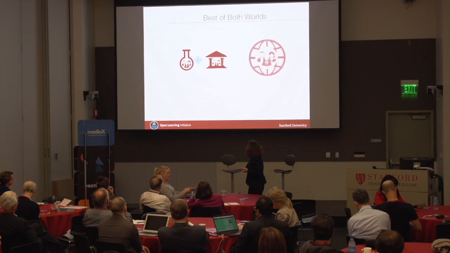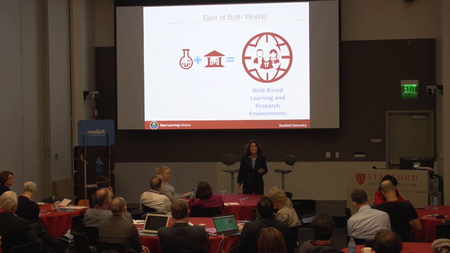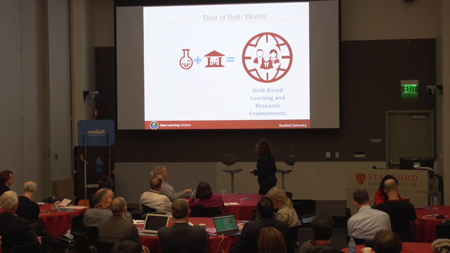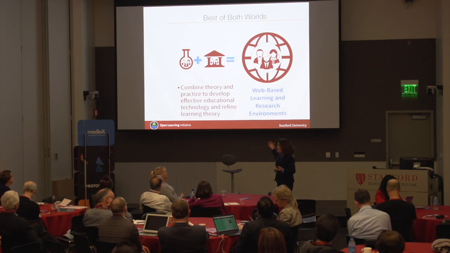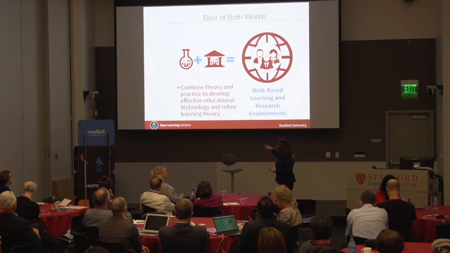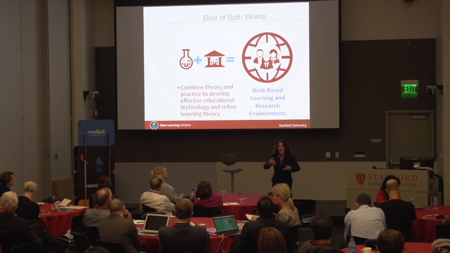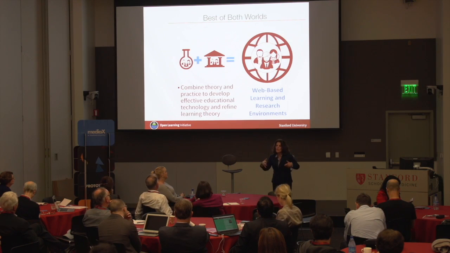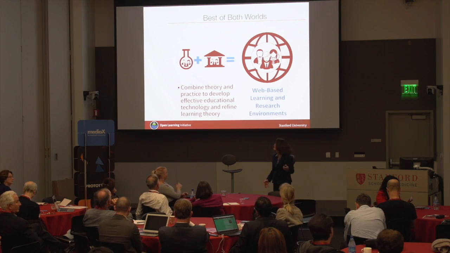And I would argue that using these environments, we can get the best of both worlds, because we can combine our theory and our practice and create these educational technologies that are testing our theories, but being used in authentic, real learning environments, and a great diversity of environments in a great diversity of contexts.